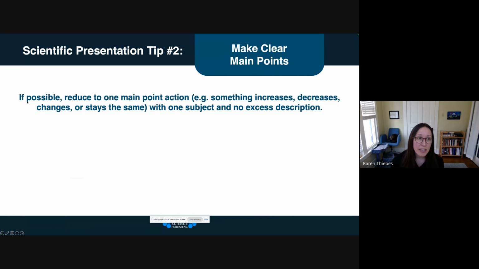So my tip here is, wherever possible, reduce every single phrase on your slide or title on your poster to one main point action, right? Something is either going to increase, decrease, stay the same, and remove all excess description. So I'm going to show you an example here on this slide.